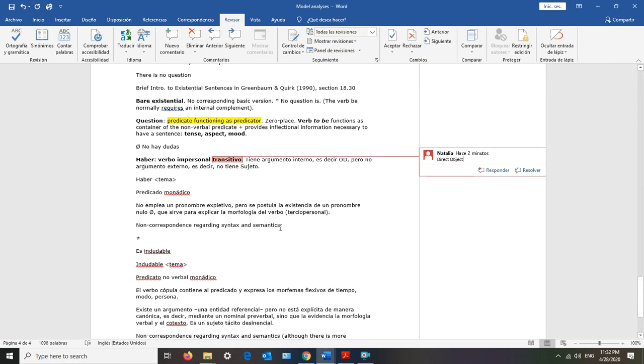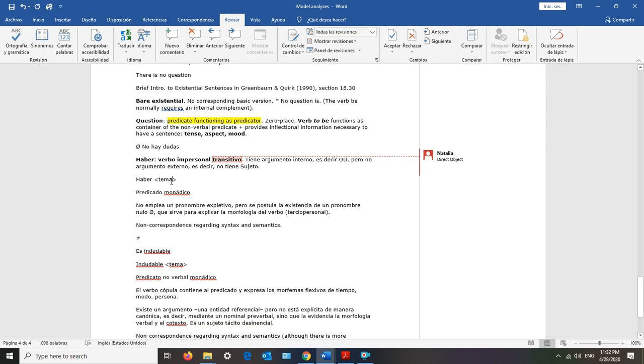So, the verb is transitive. Although it is impersonal, it is transitive, therefore it has an internal argument, that is to say, a direct object, but has no external argument, meaning it has no subject. So, as you can see here, haber selects for one argument.